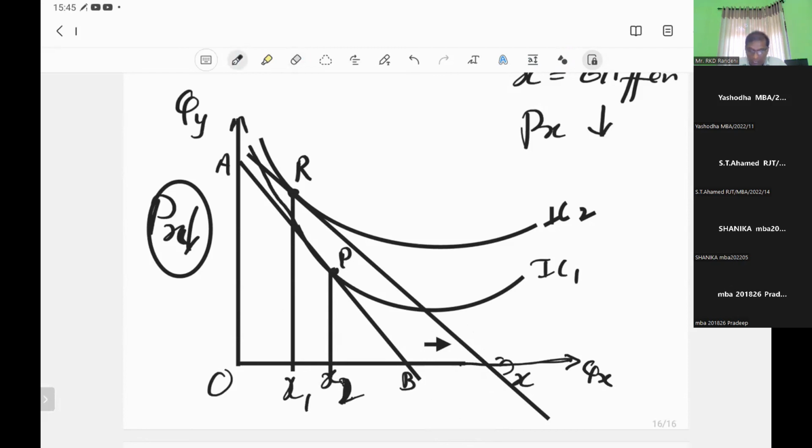This AB dash is the new budget line. Now you have to draw a line parallel to the new budget line. The point should be somewhere here.